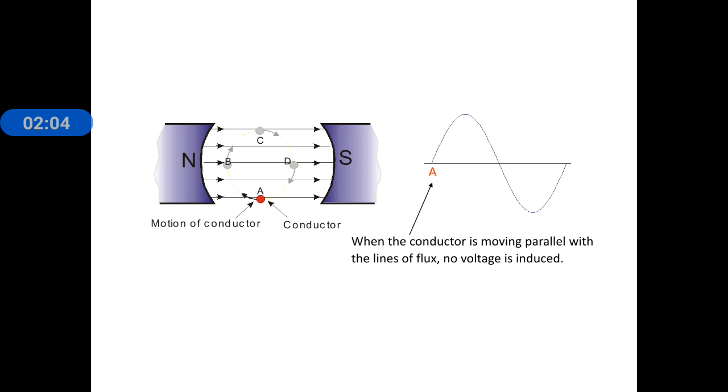At position A, the conductor and the magnetic field are parallel, so there is no EMF, so 0 voltage. As the conductor moves from A to B, it slowly cuts the magnetic field. At position B, the conductor and magnetic field are perpendicular to each other, so maximum EMF is produced.